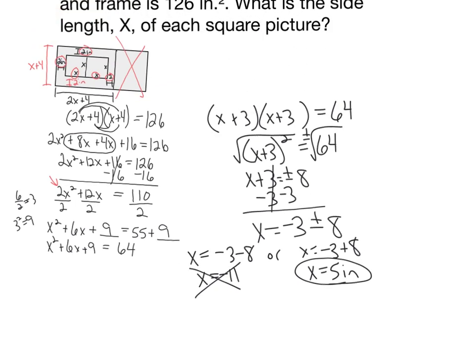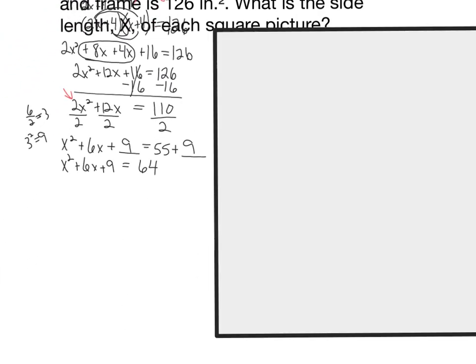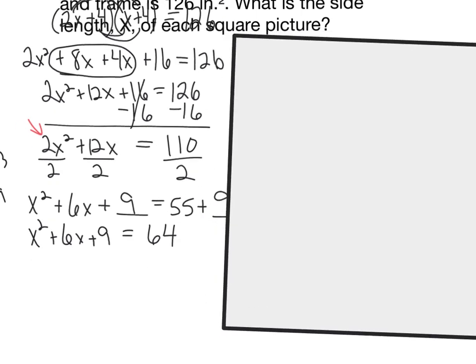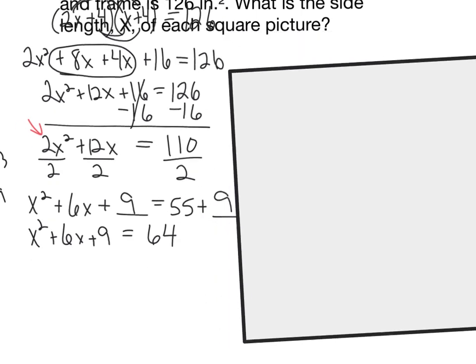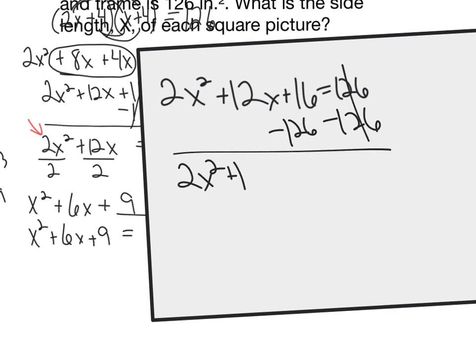And like I said, if we went back to the point before we subtracted 16 on both sides, if we would have subtracted 126 on both sides to set this equal to 0, we could have factored out a 2.